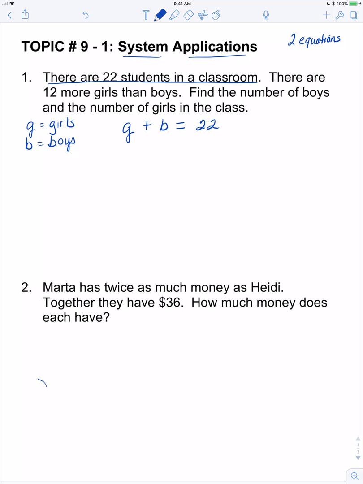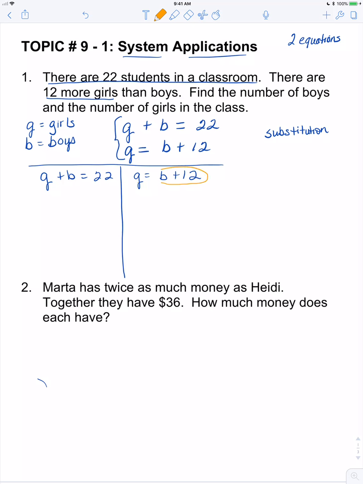Remember, when we do substitution, we know that girls is equal to boys plus 12. So we're going to stick it in this equation for the G term. So girls, G, which is B plus 12, plus B is equal to 22.